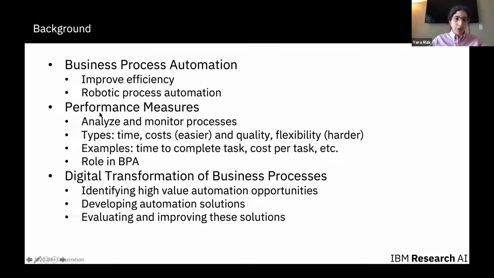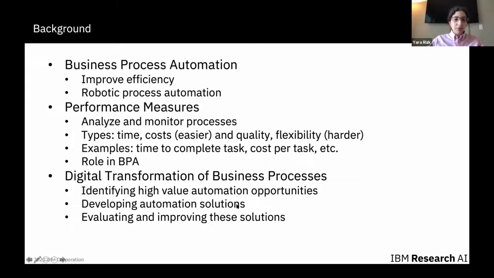A few ways to monitor and analyze the performance of processes in the business process world have been different types of key performance indicators like time, cost, quality, flexibility, and all of those are very important. Even though they have been used in the past, it is even more crucial for them to be incorporated as we add more automation into these business processes, to make sure that we're getting a good return on investment.